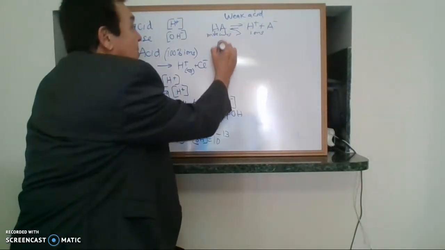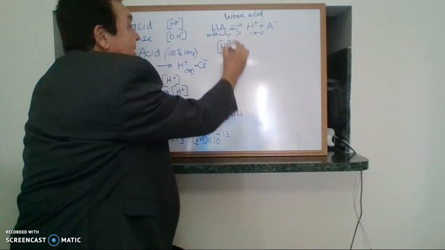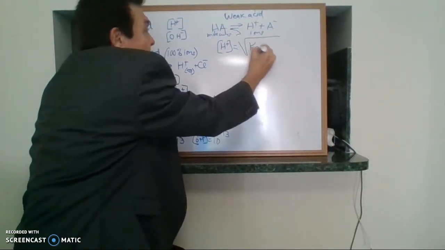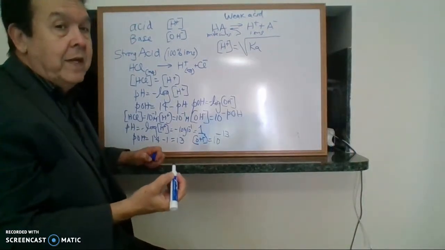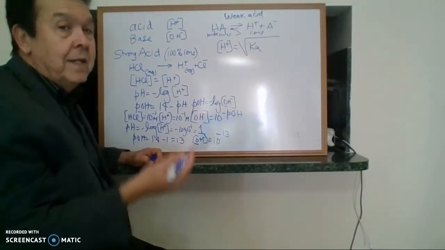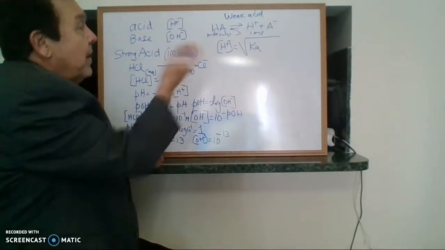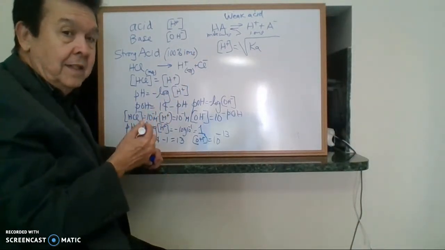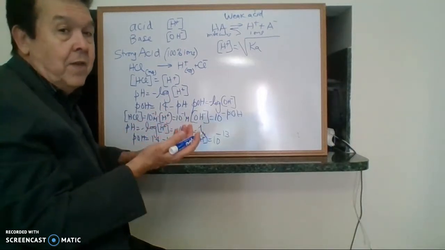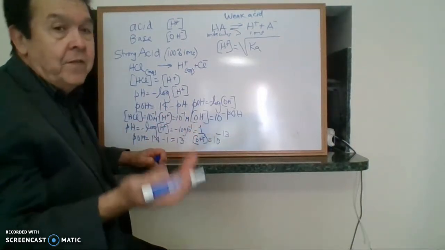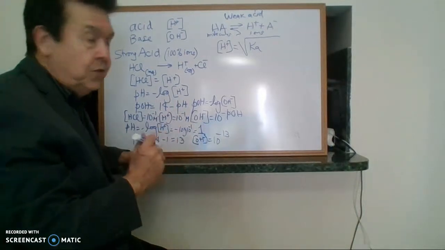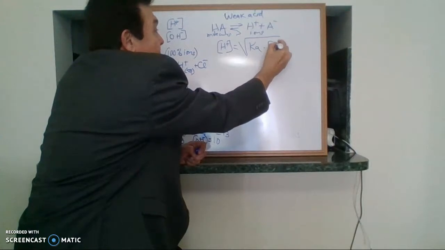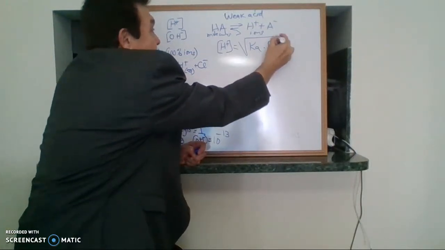Then the concentration of the hydrogen ion in this case is equal to the square root of the constant of the acid. We studied the constant of equilibrium. Then, in a similar way, we can find the constant of equilibrium for the acid. This constant is given; you can find them in tables for different acids at a certain temperature, times the concentration of the weak acid.